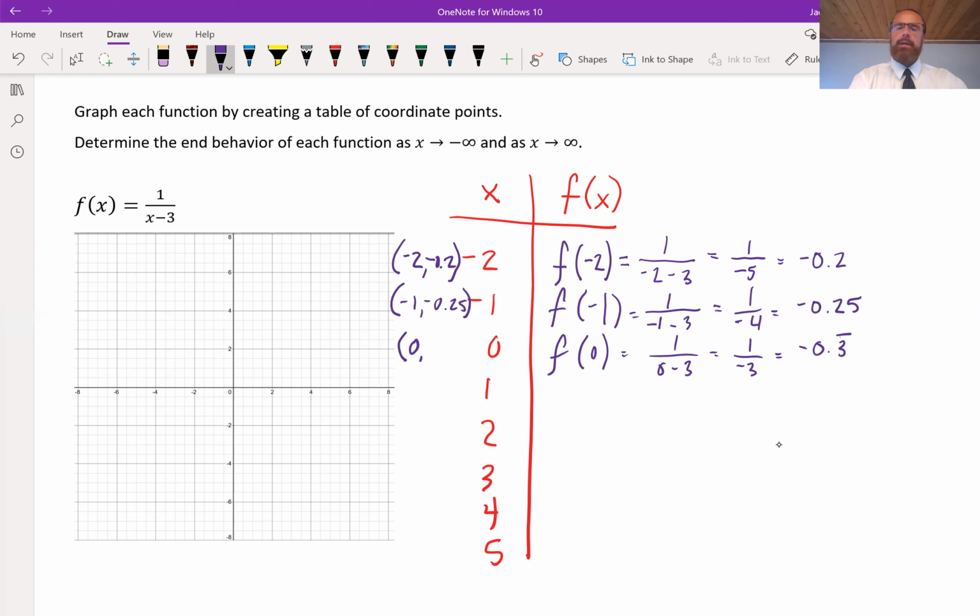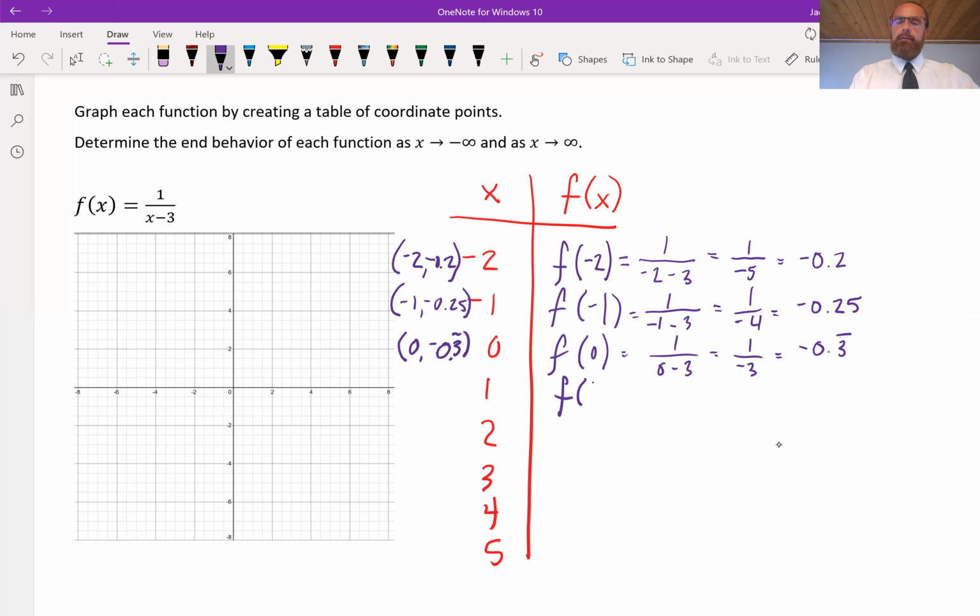Notice with these x values that as we get closer to the origin, the y values get smaller and smaller. Let me record that better: -0.3. So they go kind of down from the x-axis. We'll really be considering the reverse when we think about the end behavior. Let's get the graph first.